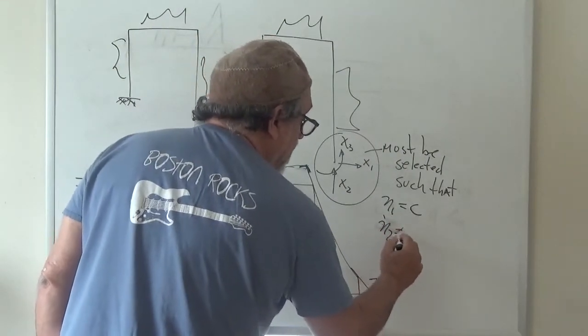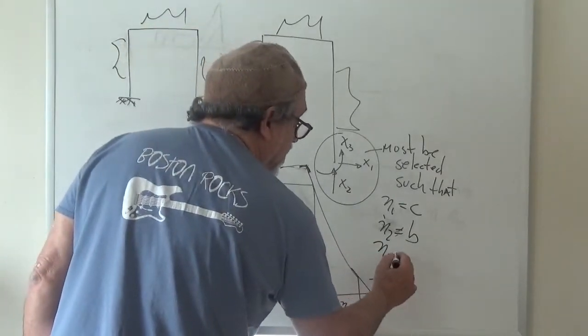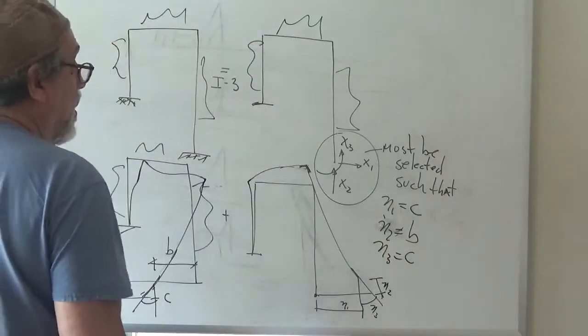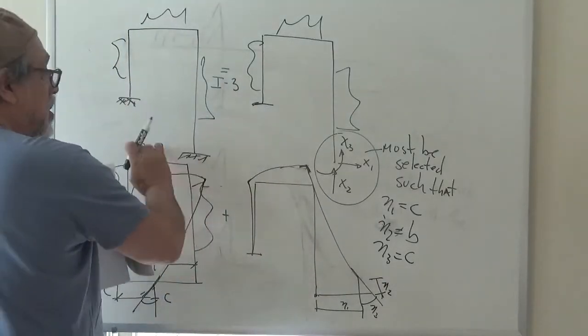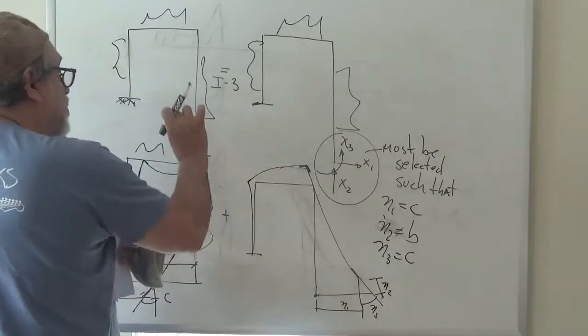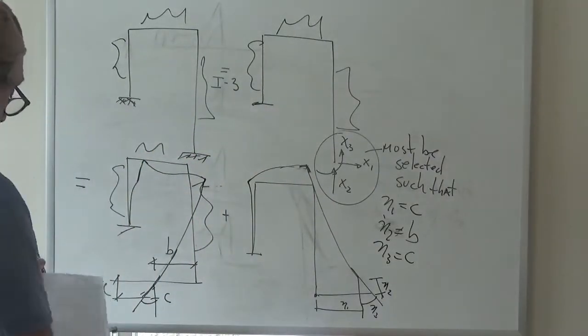N2 is equal to B, and N3 is equal to C, right? Therefore, this plus this satisfies the constraints of the original structure, which has no horizontal movement, no vertical movement, and no rotation at that point, right?